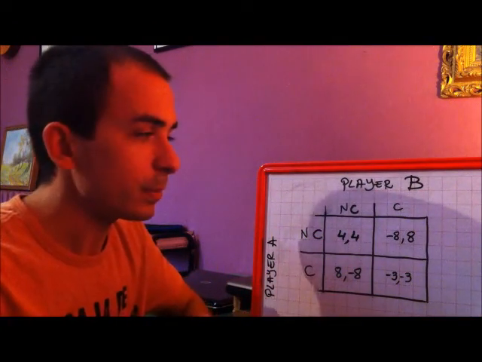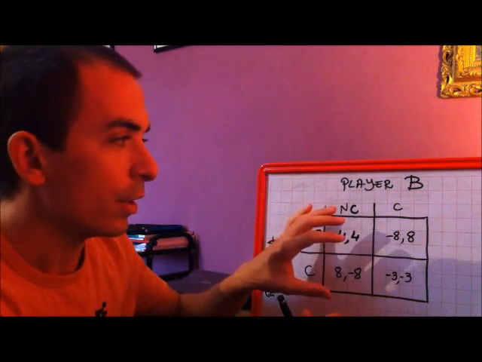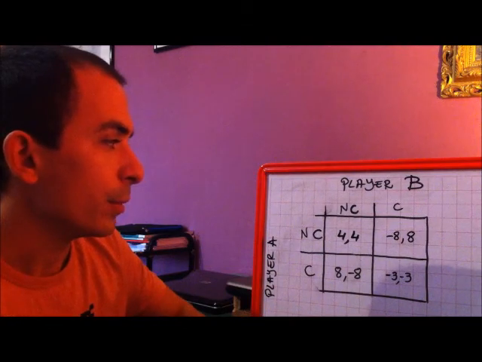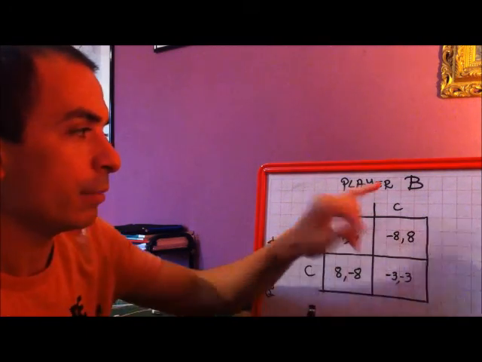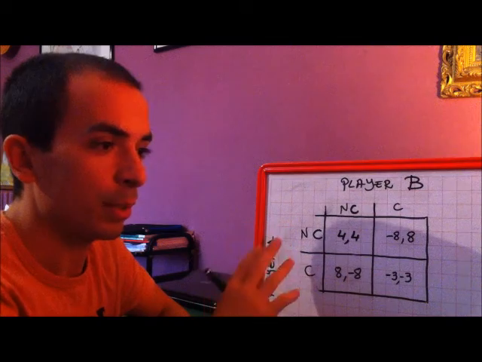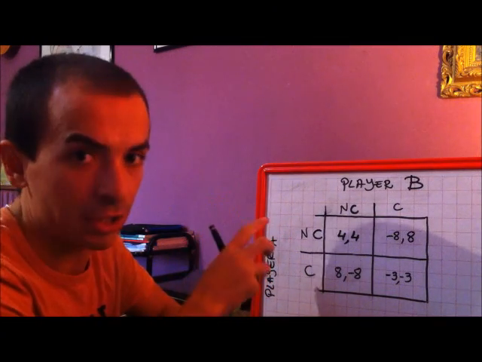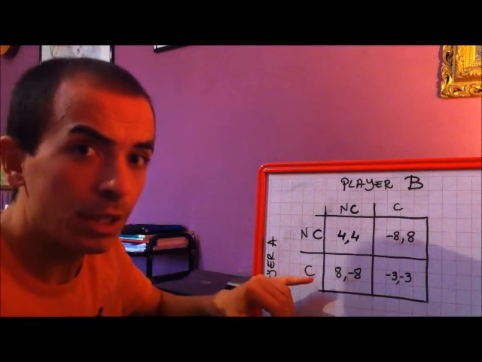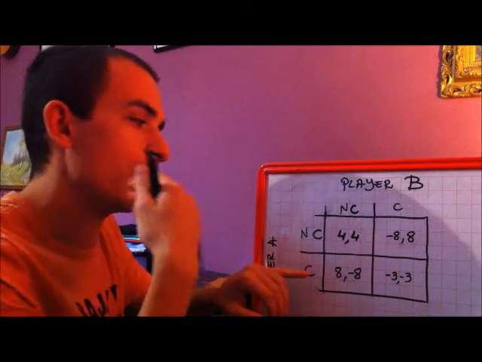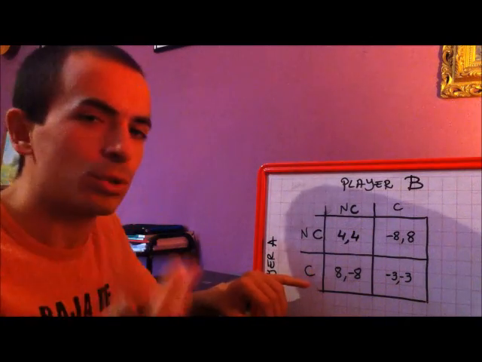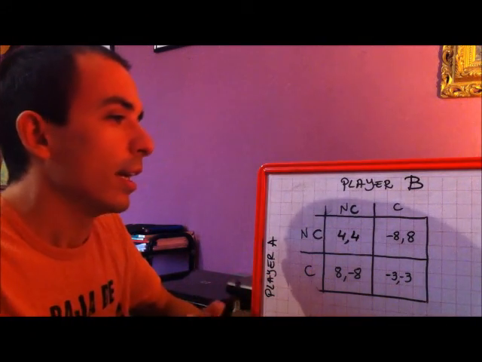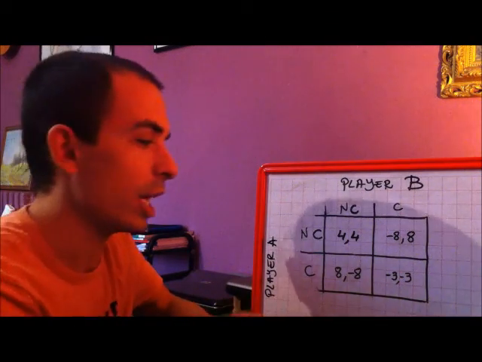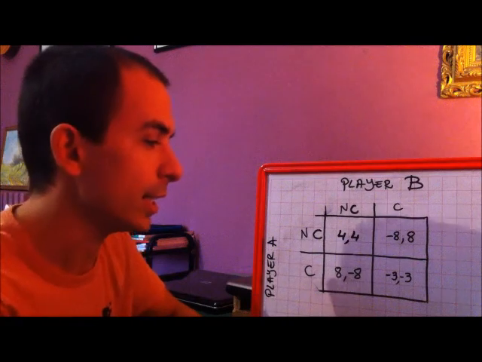So here I have represented the game, and basically we have two players, player A and player B, and each of the players has two possible strategies to adopt. C stands for cooperate, which is to say in this case to cooperate with the police, and usually when you cooperate with the police some advantage is going to happen, so we all know that from CSI.